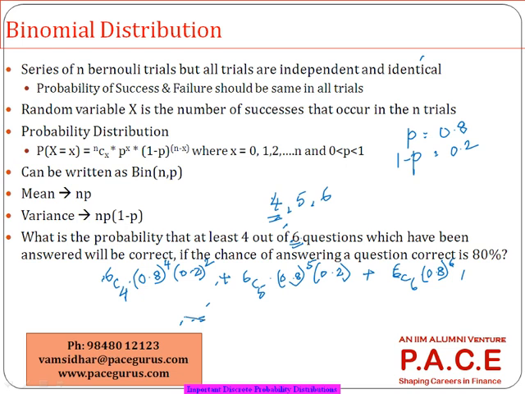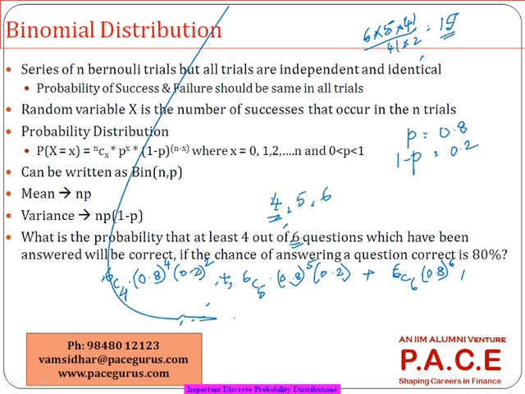So typically, 6C4 is 6 into 5 into 4 factorial divided by 4 factorial into 2, which comes out to 15.